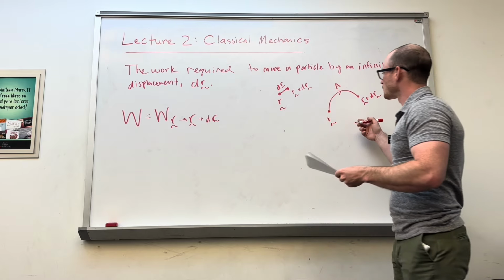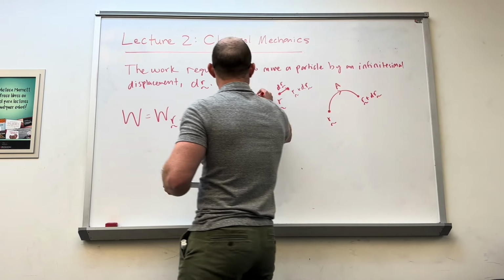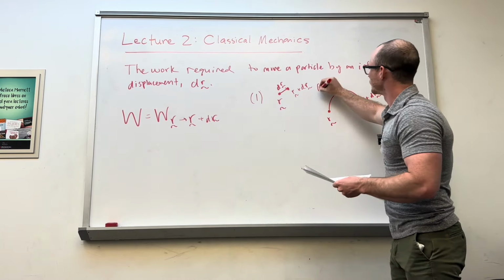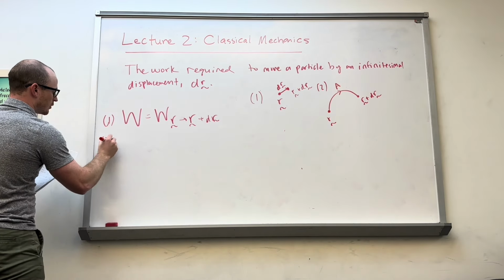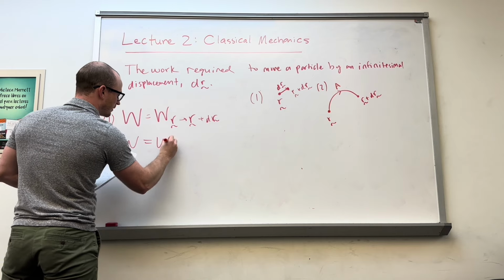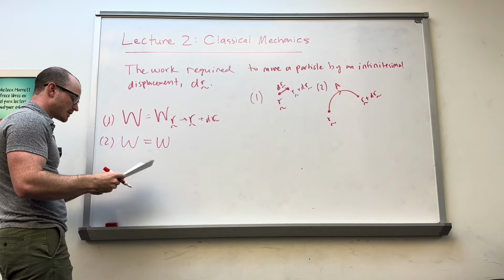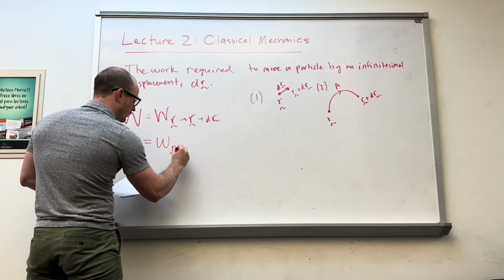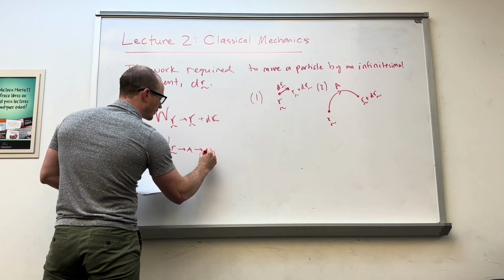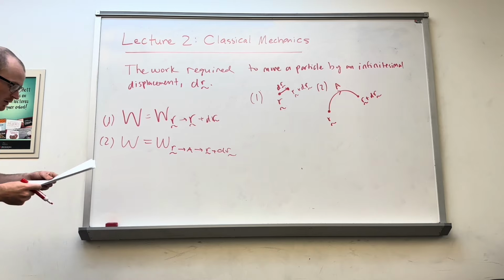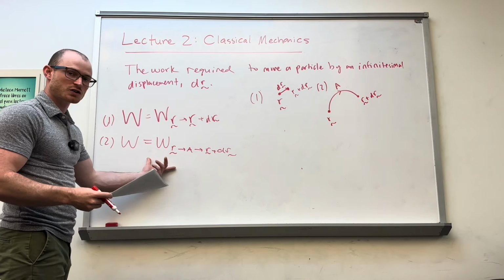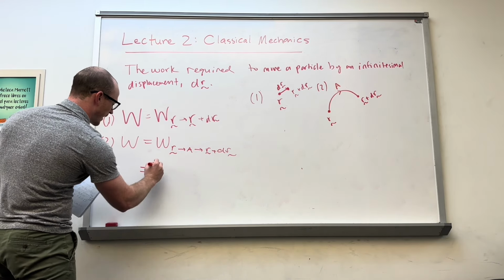Okay, well now this work here, we'll say this is 1 and this is 2. The work for 1 was this. The work for 2 now is the process of going from r to a to r plus dr. Just as before, we can split this into two paths.